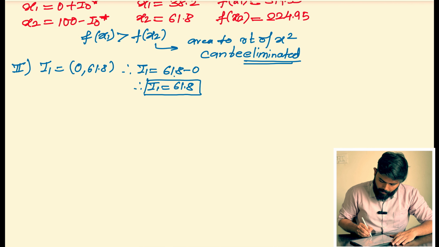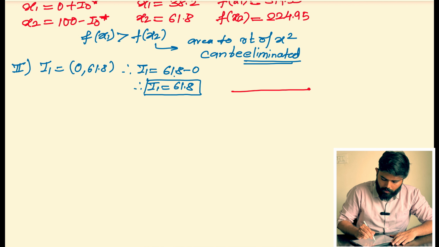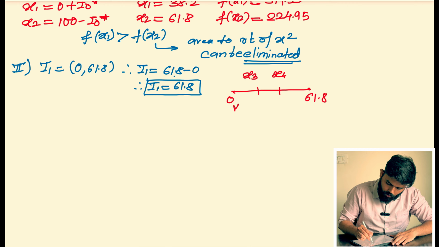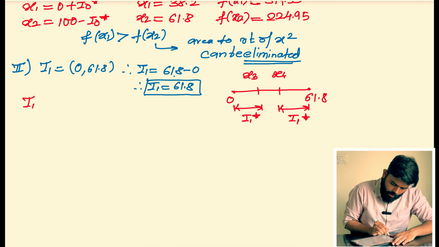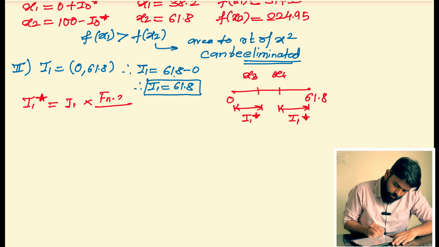Okay. Again, we can plot a new interval, and that new interval is 0 and 61.8. Now we can mark 2 points x3 and x4, which are situated at a distance of I1 star from either end. And according to our formula, I1 star is given as I1 into Fn minus 3 upon Fn minus 1.